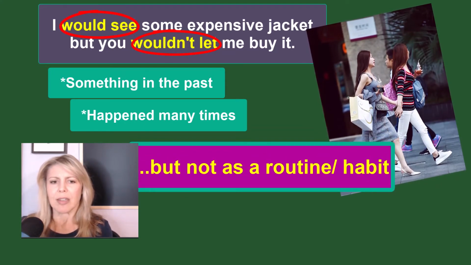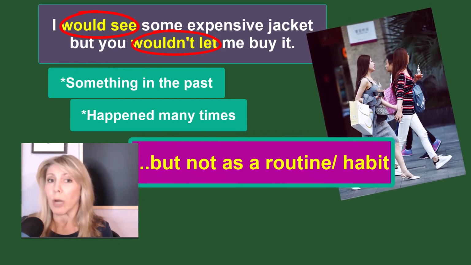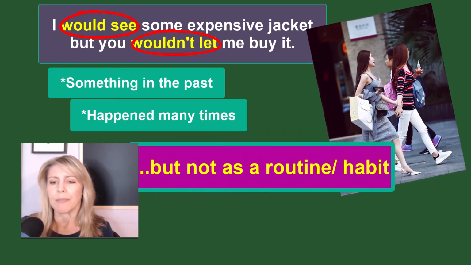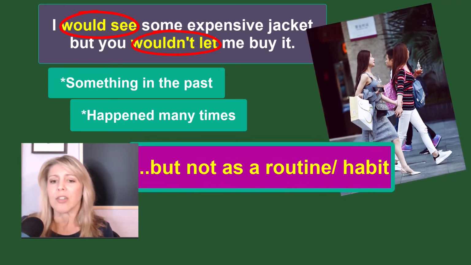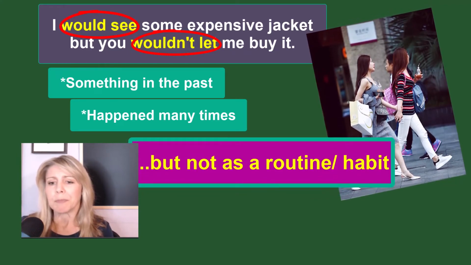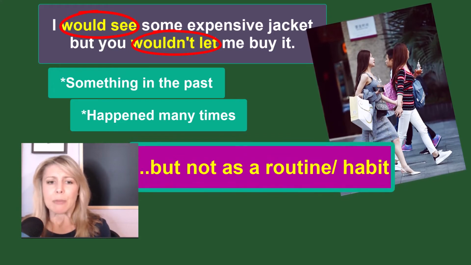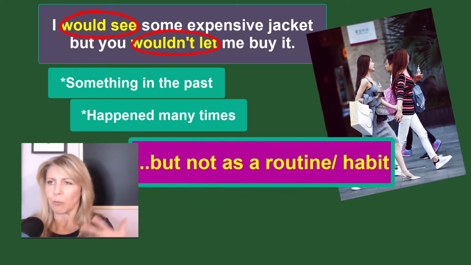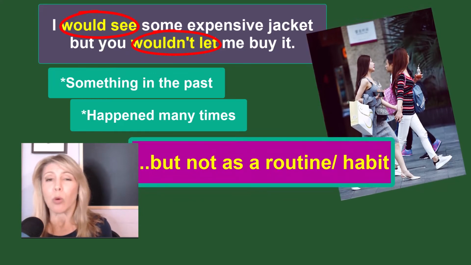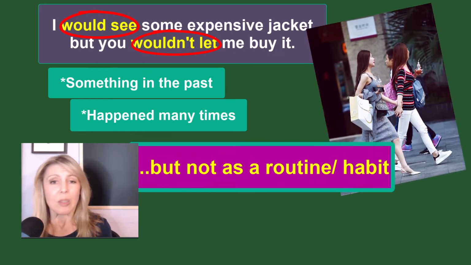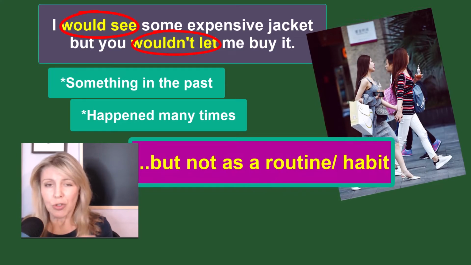In the previous sentence, maybe we didn't go shopping regularly or routinely, but sometimes we went shopping together. In the second sentence, I'm giving an example. I didn't see an expensive jacket every time we went shopping, but I'm making the point that when I wanted to buy something that was expensive, you stopped me.